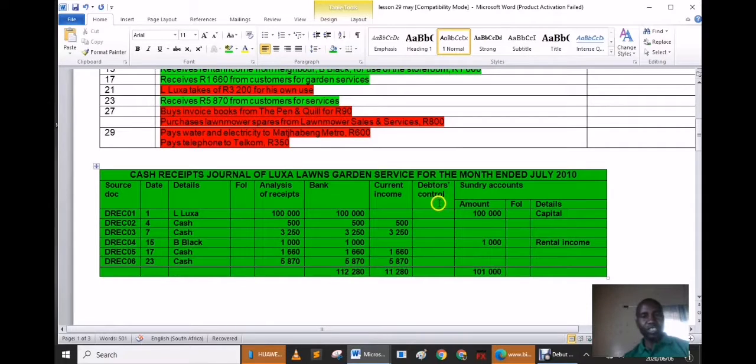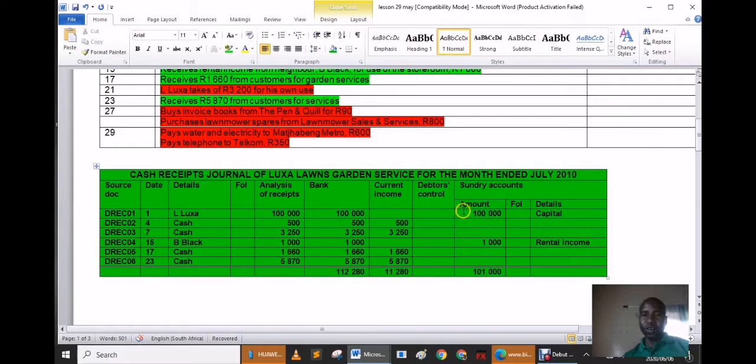So we will only start using this column in grade 9. For grade 8, we will never use this column because we are not going to be selling on credit. Most of the times, you will find that the cash receipts journals that you get will not have this column. It is for when we are receiving money from people who owe us.